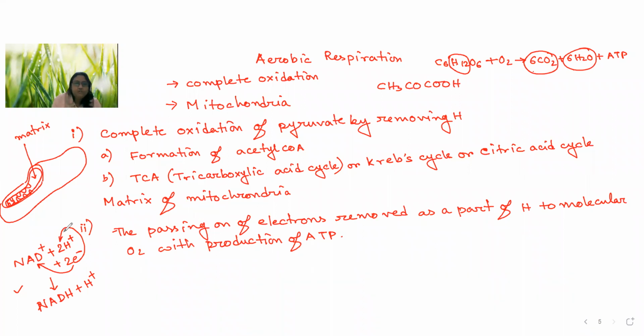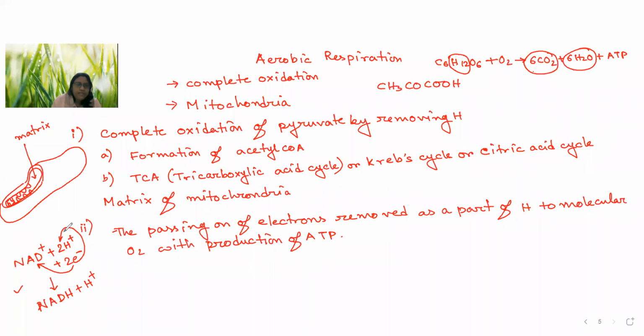The second H plus ion will remain as it is because it doesn't have the third electron to convert into H. That's why we always write it as NADH plus H plus.